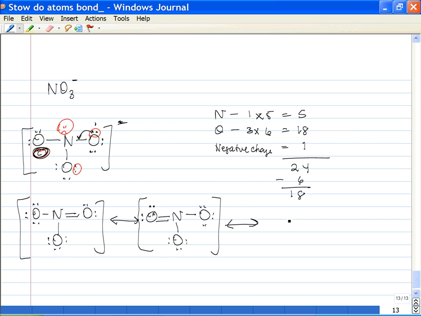And lastly, we can have a double bond at the bottom.